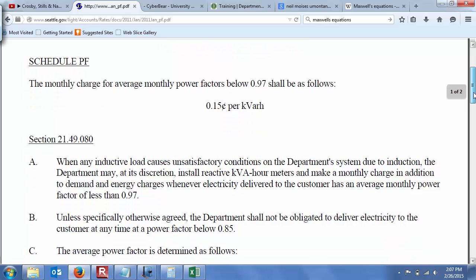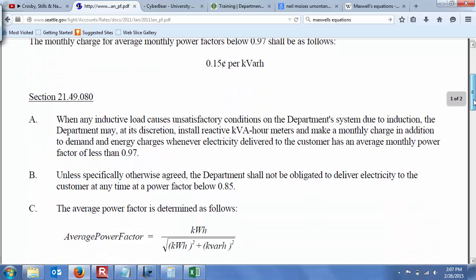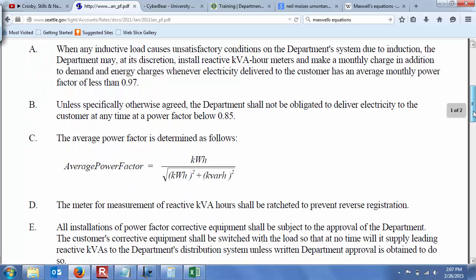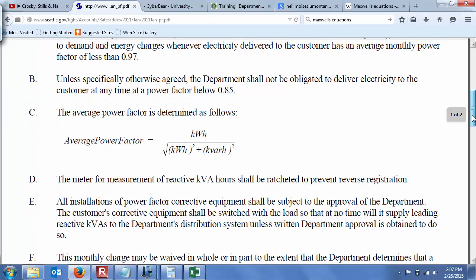Make sure it's out. Unless specifically otherwise agreed, the department shall not be obligated. So if you go below 85, they're going to shut you down. Average. So we already have the average power factors calculated.